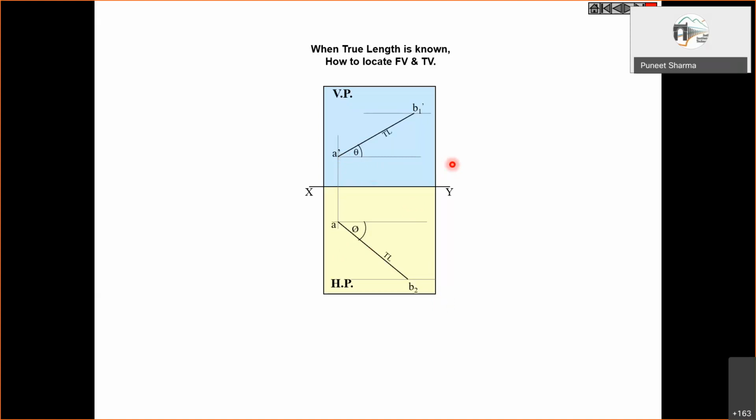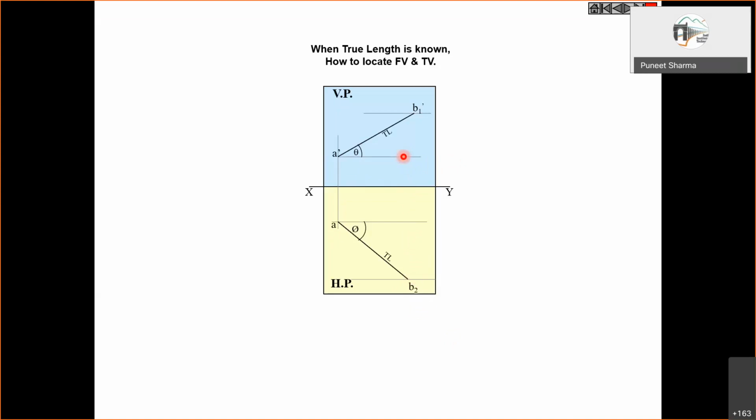That is what we discussed in the beginning of this lecture, right? So if we draw a projector from B2, it will intersect this line drawn parallel to the XY from A dash. This will give us B2 dash.